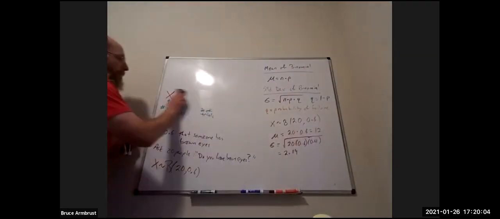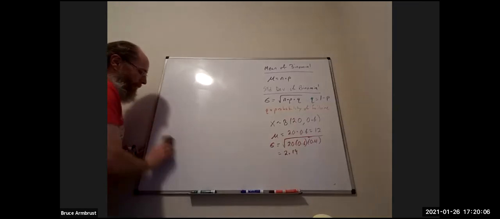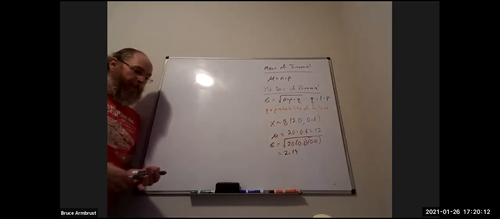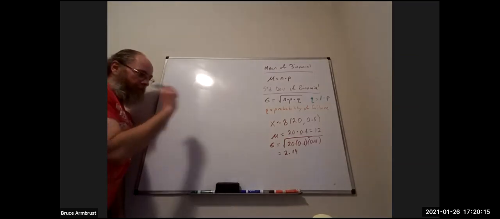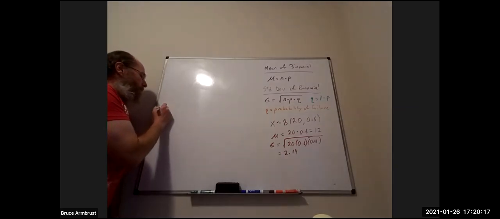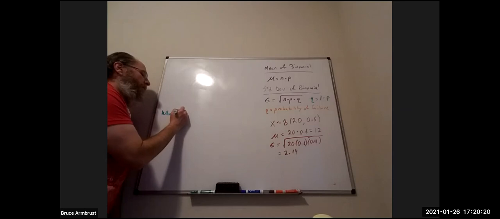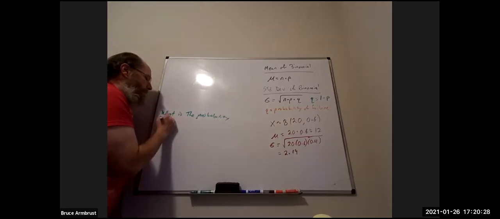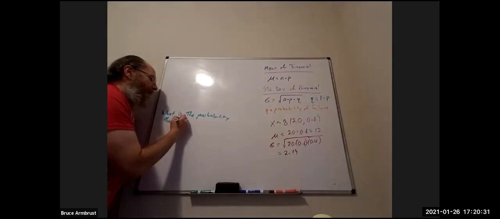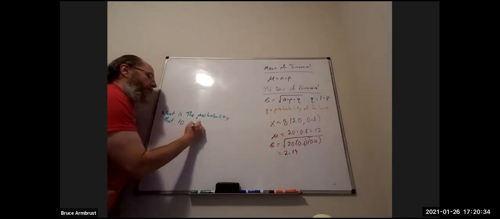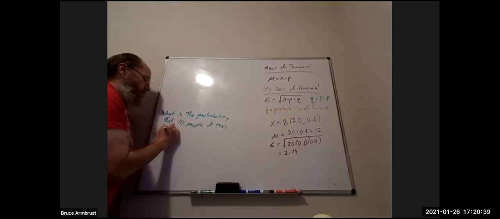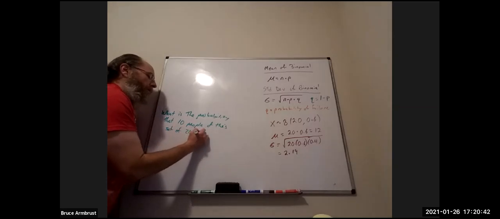All right, so now the question is, what if we want to know the probability of a specific event? So for example, let's keep doing this brown eye thing. So here's my question. What is the probability that 10 people of this group of 20 have brown eyes?